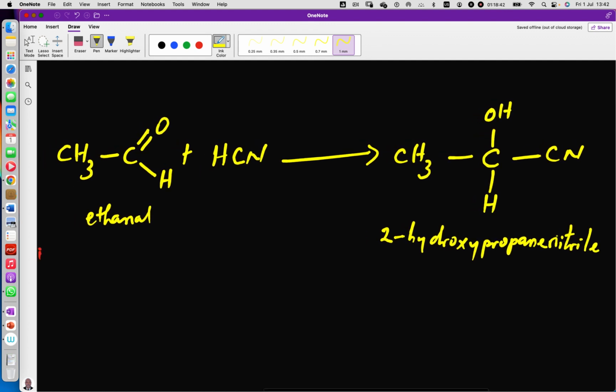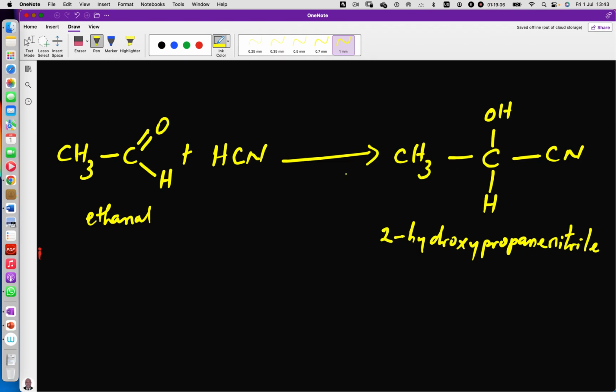There is something very important in this type of reaction. Reaction with hydrogen cyanide leads to the addition of an extra carbon atom. The carbon chain increases as a result of this type of reaction.